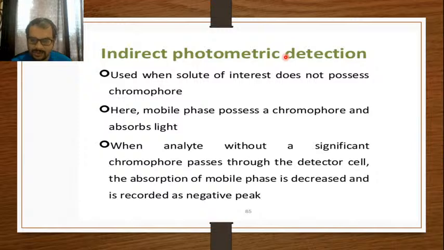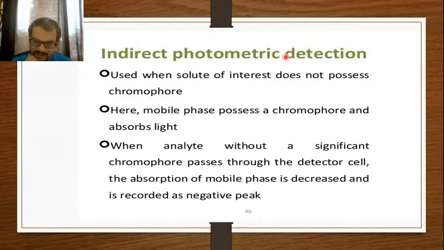Indirect photometric detection is used where the chromophore is absent in your solute and your mobile phase is going to absorb the light, because the mobile phase contains the chromophore. In that case you adjust the peak in such a way that the absorption by the mobile phase is considered negative, and as compared to this absorption your non-absorbing solute molecules will be compared.